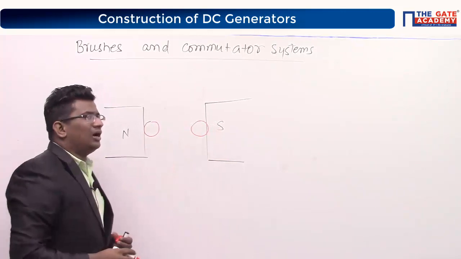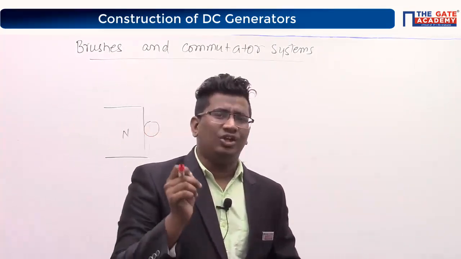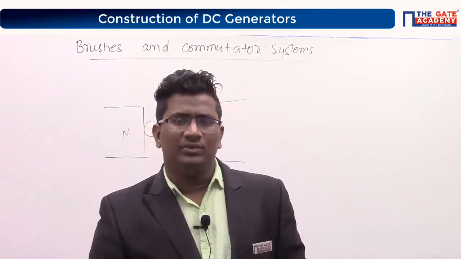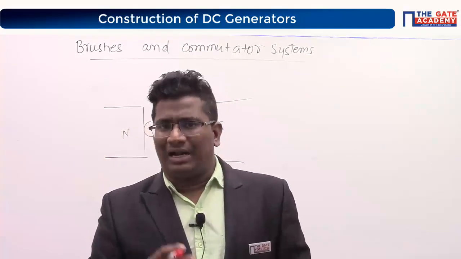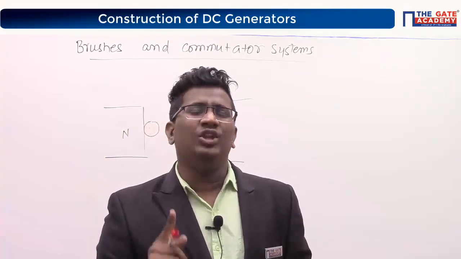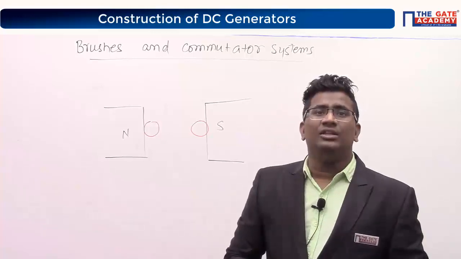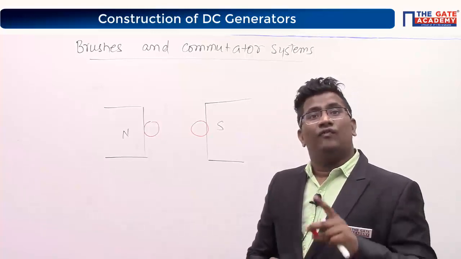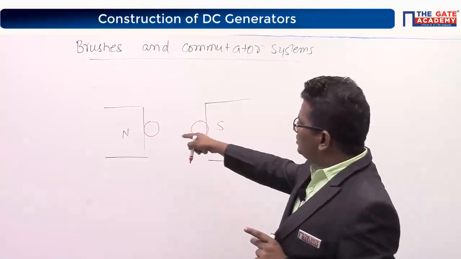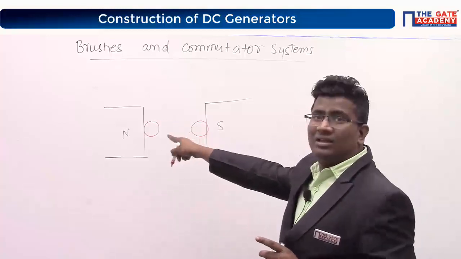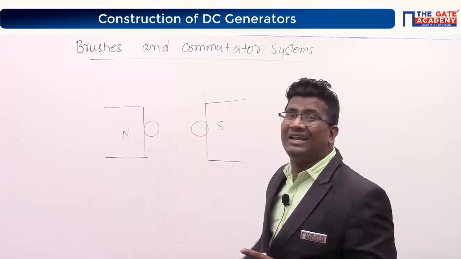Tell me, will your conductors have zero length or finite length? Finite length. But you are looking only at a circle. This circular shape indicates what?